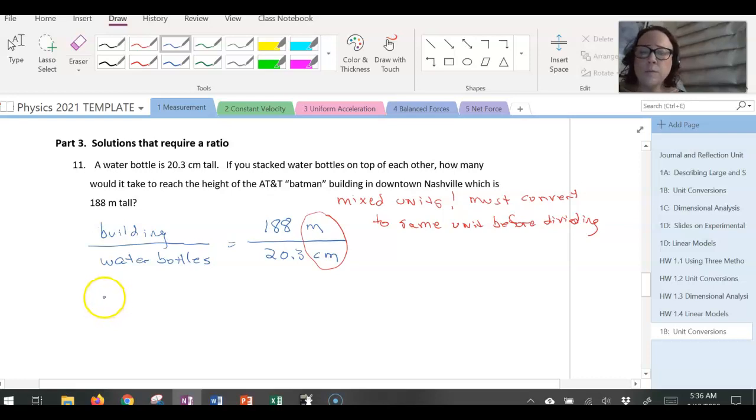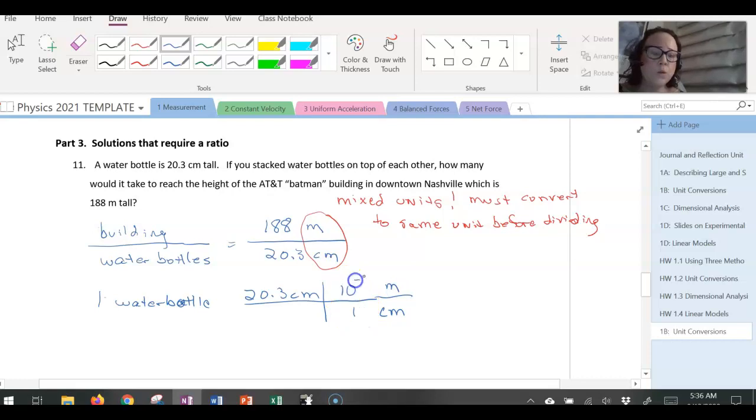So I'm going to convert. I'm going to say that 1 water bottle is 20.3 centimeters, and I'm going to convert that to meters. So I need to go from centimeters to meters, and I know that 1 centimeter is 1/100th, or 10 to the negative 2 meters, and so it is 0.203 meters.